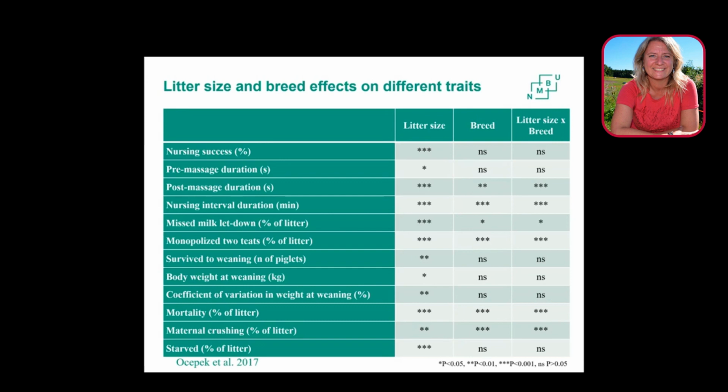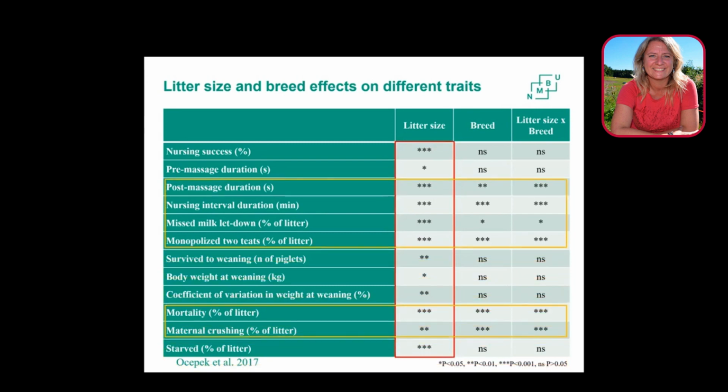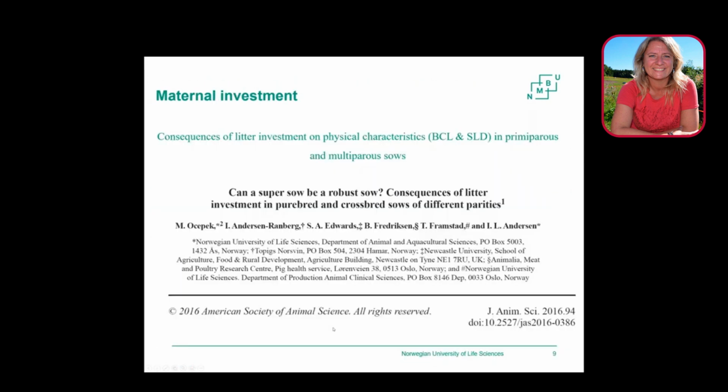So although we have a high number of liveborn and a lower percentage of mortality, we still have a problem with piglets dying because of this litter competition. There are some breed effects also, but I don't intend to go into that at the moment.